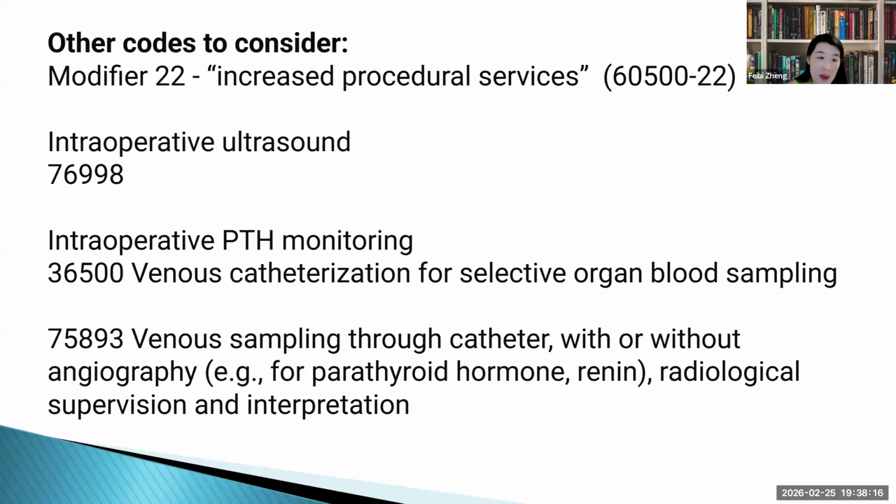Yeah, so in our white paper, we had proposed several codes that could be used as adjuncts, and one of them was this 36500 code, and that one did get agreement from the ACS coding committee, so that is one that is in the white paper. But again, it all comes down to your institutional interpretation of the language.